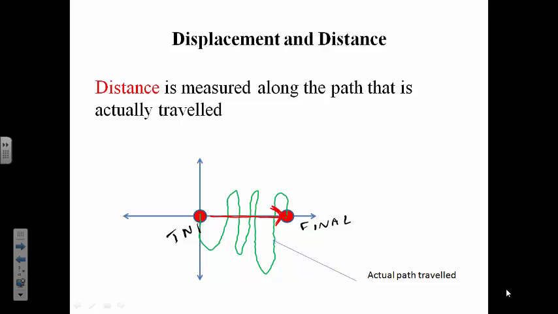Most people think about this as the distance. So the distance would be the path that you walk when you covered the green squiggle. The distance is measured along the path, so the green squiggle could be some long path. The displacement is the vector connecting the initial and the final.